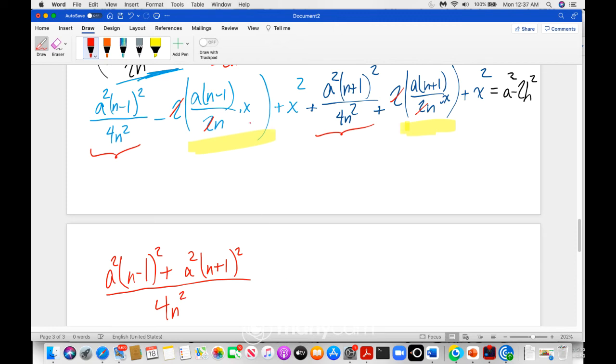Now I'm going to add my highlighted terms. I'm going to do this one first since it has a plus sign. So plus a(n plus 1)x minus a(n minus 1)x all over n.